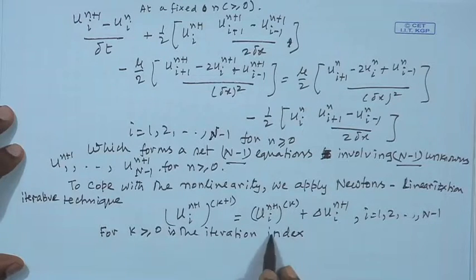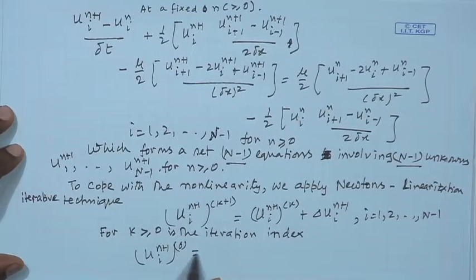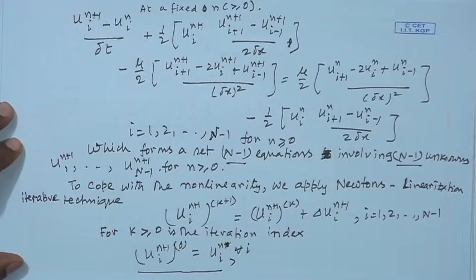In the very beginning, we can take u_i^{n+1,0} to be u_i^n, the previous time step solution, at the 0th iteration level. To start the iteration we can assume this.